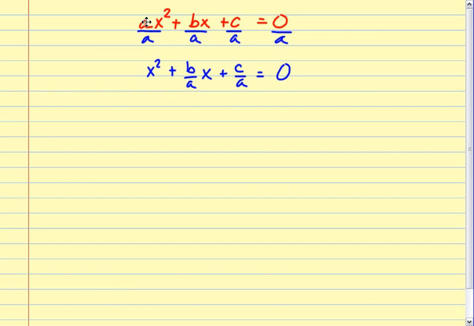Now, if I were completing the square, remember I need to subtract c over a from both sides. Get it on the other side. So now I've got x squared plus b over a x plus something equals negative c over a plus something. All right? Now, how do I make this thing a perfect square?